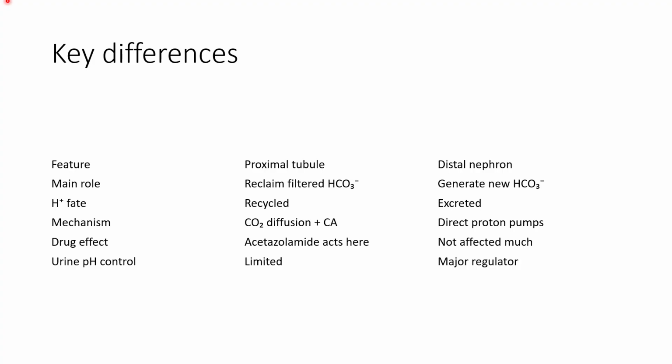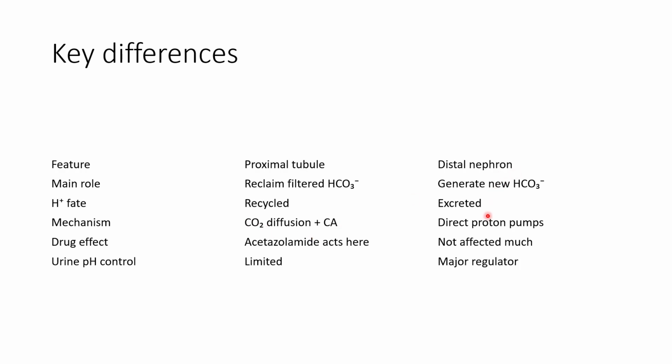If you look at the key differences in the proximal tubule and distal nephron handling of bicarbonate and H plus, the proximal tubule reclaims any filtered bicarbonate because the H plus is also being recycled, so the net effect is zero. However, the distal nephron generates new bicarbonate and the H plus is actually excreted. The proximal tubule does this by CO2 diffusion and carbonic anhydrase.